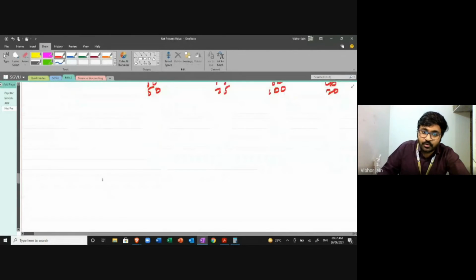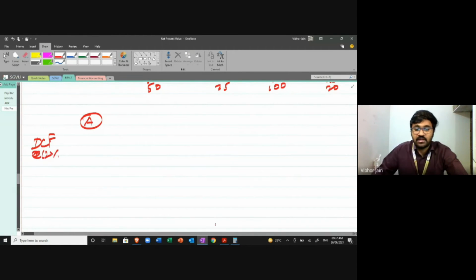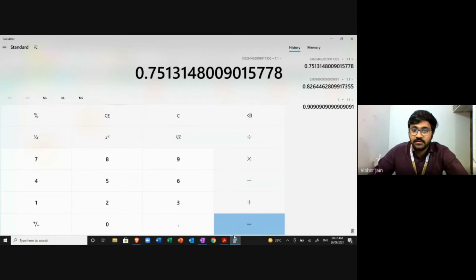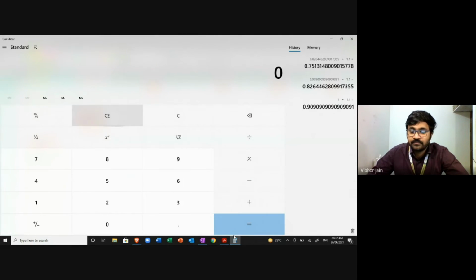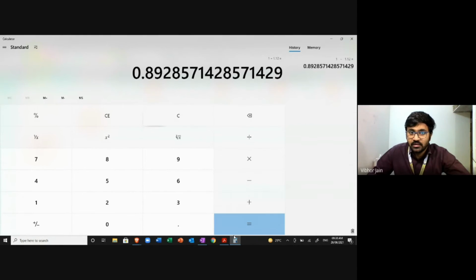So first I'll take project A. Same as before, I'll calculate the discount factor at the rate of 12%. I'll show you how we calculate the discount factor. 1 divided by 1.12 equals 0.8928.